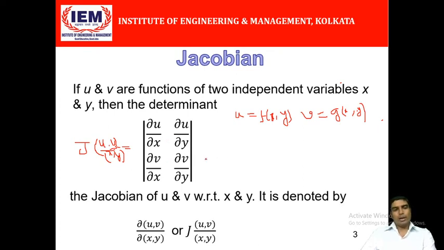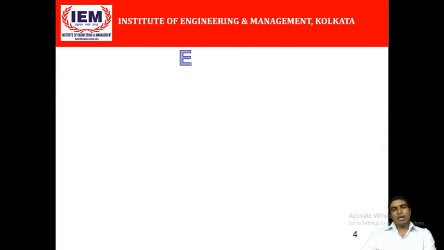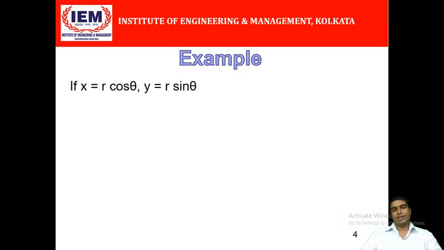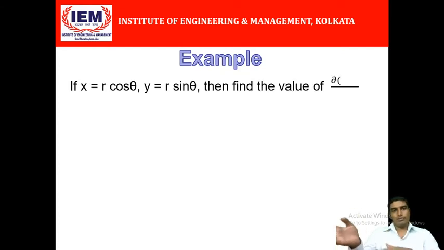Let's take one example, then it will be much clearer. Suppose we have x equal to r cos theta, y equal to r sin theta. I already told you that we are changing the variable from Cartesian to polar. Then we have to find the Jacobian, which is basically del(x,y) by del(r,theta). Then we have to find the determinant.